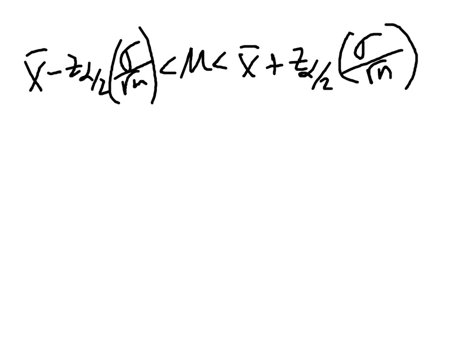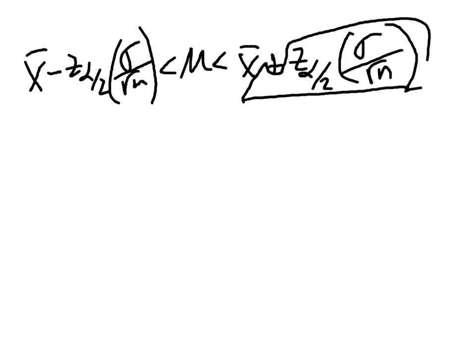The amount we get from z sub alpha over 2 times the standard deviation divided by root n, which we add to the sample mean, will be the exact same amount that we subtract from the sample mean.